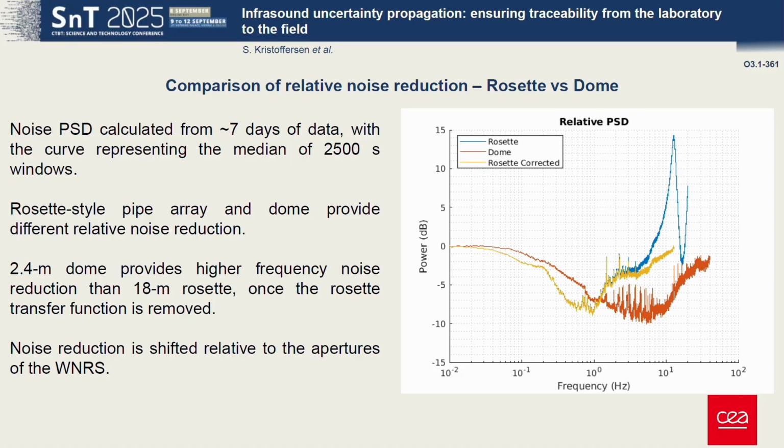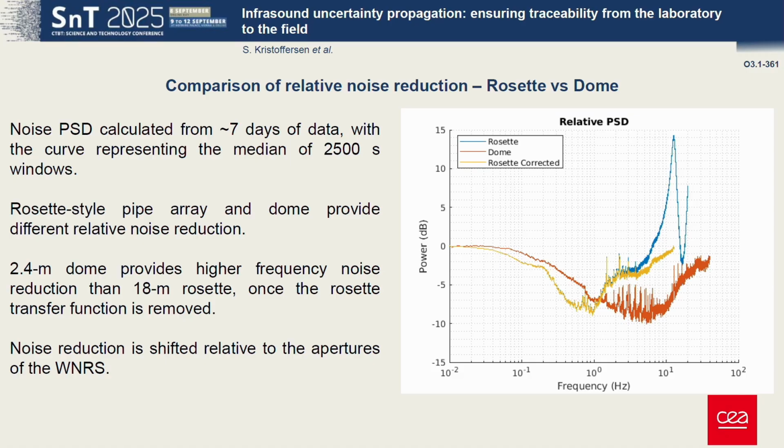This isn't a standard IMS style rosette, which normally has more like 96 inlets, so the noise reduction isn't quite as good. With the blue line, we have the resonance peak that shows up, but that's not really a peak in the noise, because we're really interested in signal to noise ratio, and since that's more of an impact on signal as well, I deconvolved the transfer function, or corrected for the transfer function of the rosette, and that gives us the yellow line.